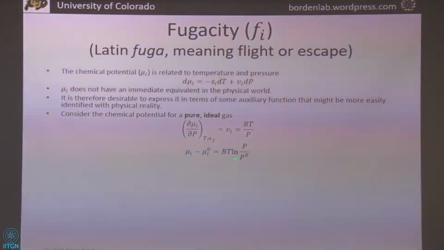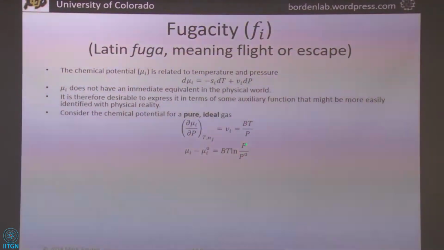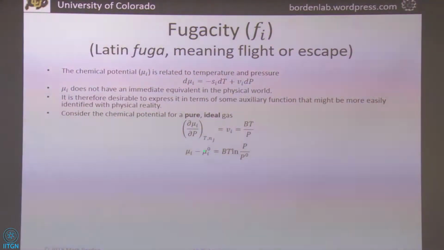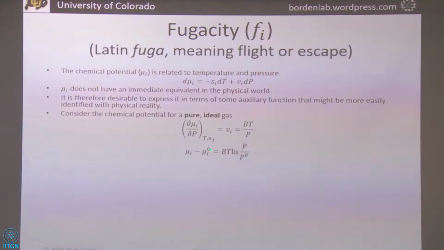So the change in chemical potential then is BT ln of P over some P naught. So if you integrate this, you get this equation, and you have some standard state, some standard state with a zero in the superscript.